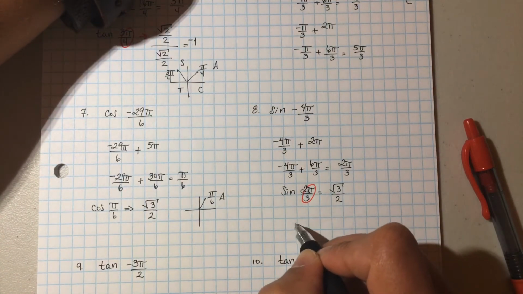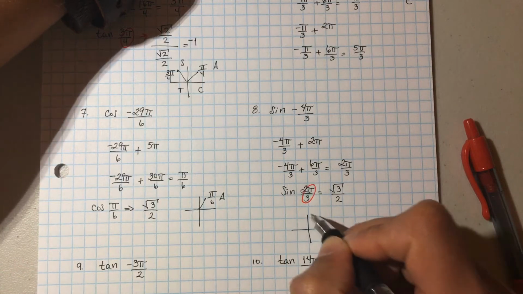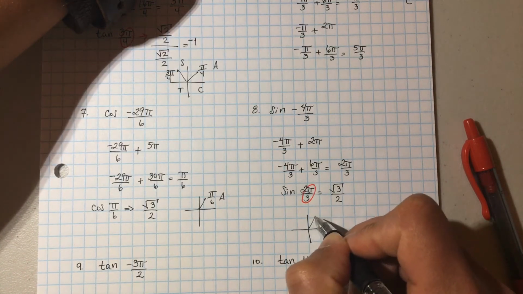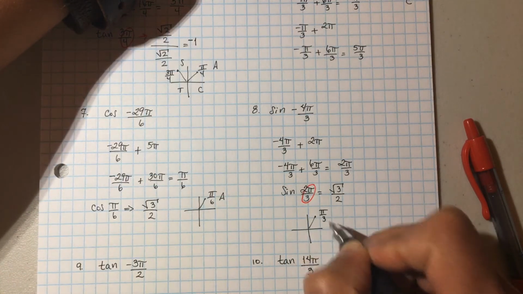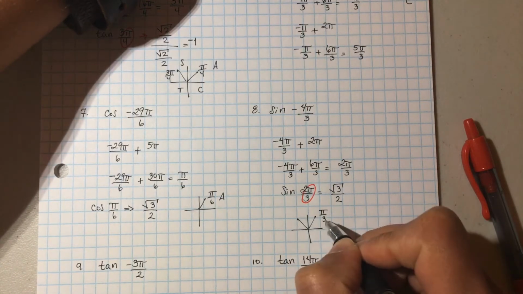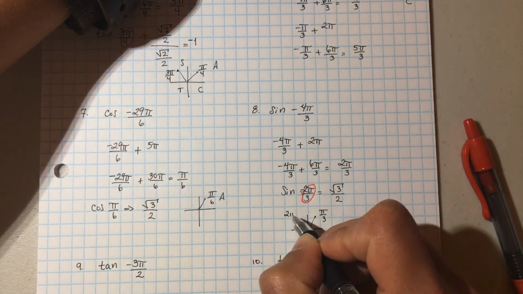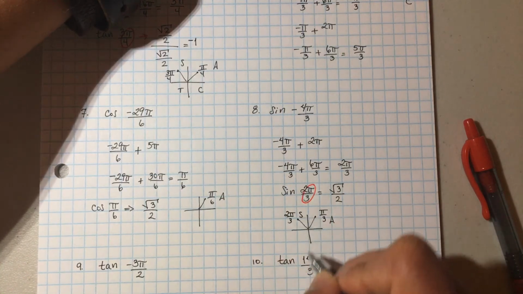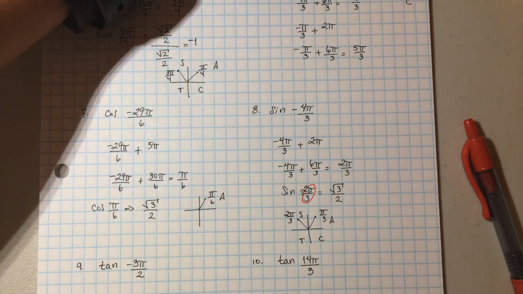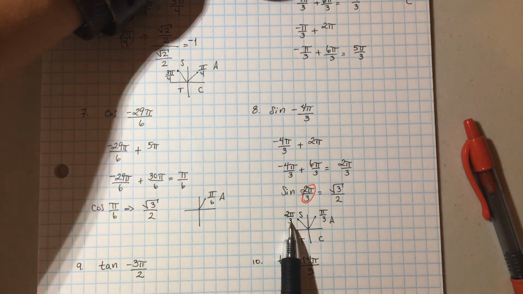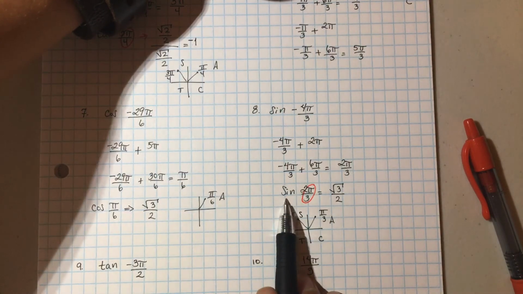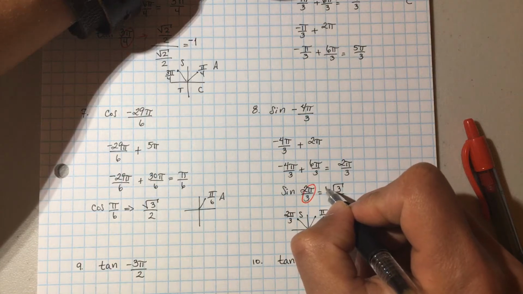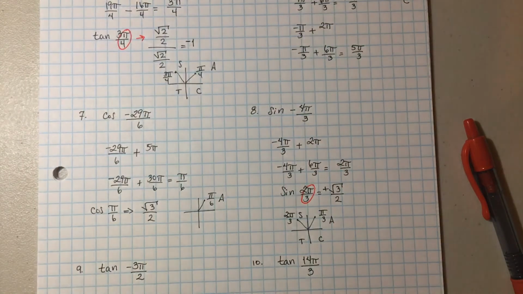Let's figure it out. Where is 2 pi over 3? Pi over 3 is over here. 3 take away 1 is 2, so 2 pi over 3 is over here. All Students Take Calculus. In the second quadrant, sine is positive. Is that sine? Yes, it is. So it is positive.